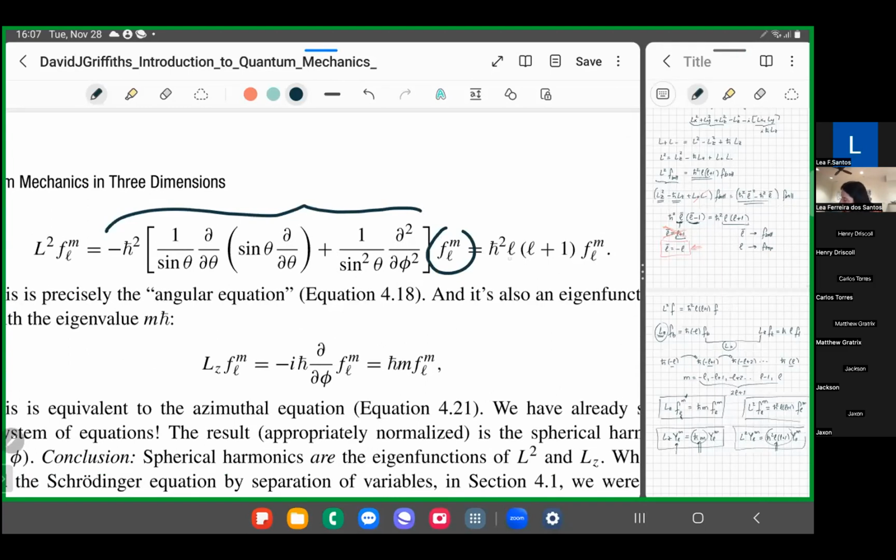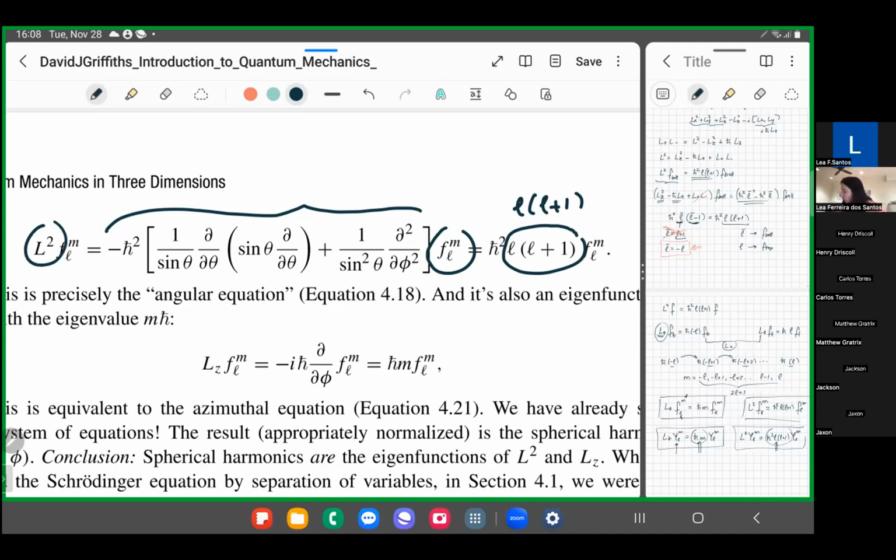This is the equation that we had in the beginning of the chapter. And remember, when we were doing that separation of variables, we said, okay, this left side is a constant, this right side is a constant, and we put this constant L times L plus 1. Why? Because this is, now we know, associated with the eigenvalues of the total operator L square.